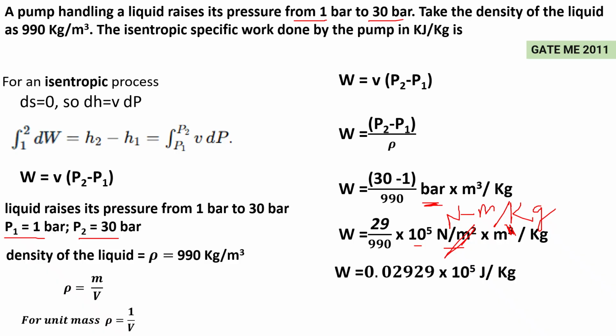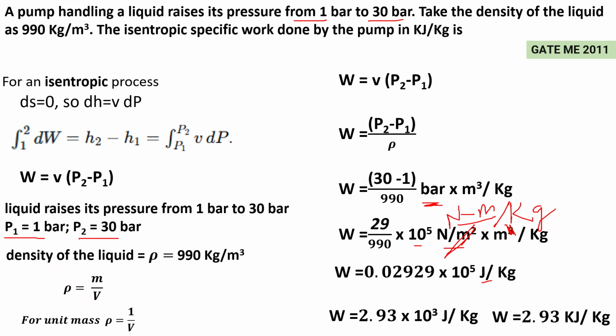So 29 by 990 is equal to 0.02929 into 10 to the power of 5. Newton meter will become joule divided by kg. And this can be written as W equal to 2.93 into 10 cubed joule per kg.